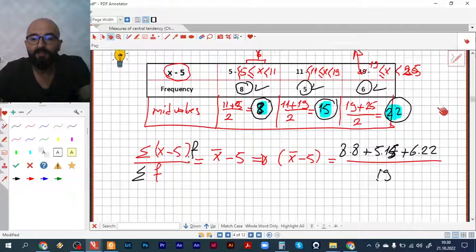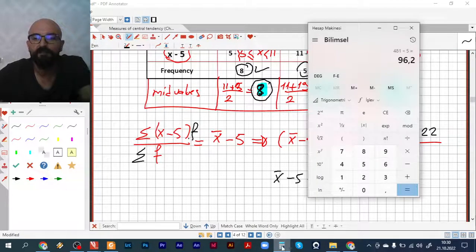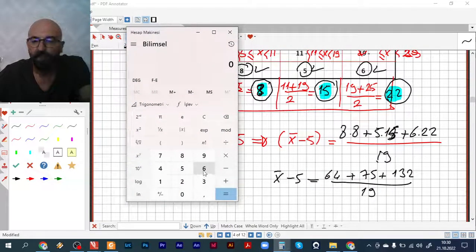Okay, and the mean minus 5 is 64 plus 75 plus 132 over 19.